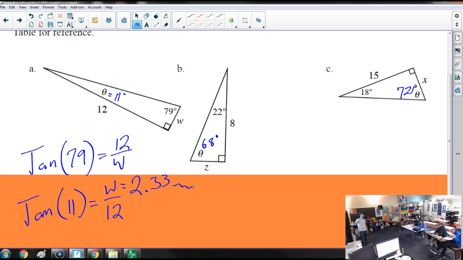Now here, if I do rise over run using my 68, my variable ends up on bottom. So I'm actually going to do tangent of 22 equals Z over 8. So it's all about being able to kind of, in your head, manipulate that. So we can just do 8 tangent of 22.